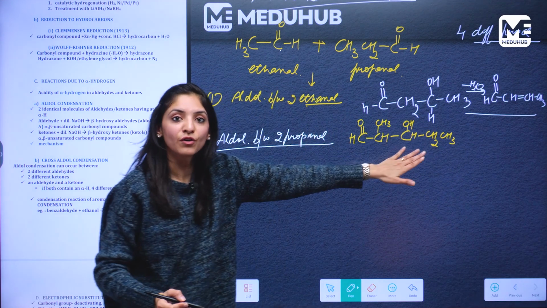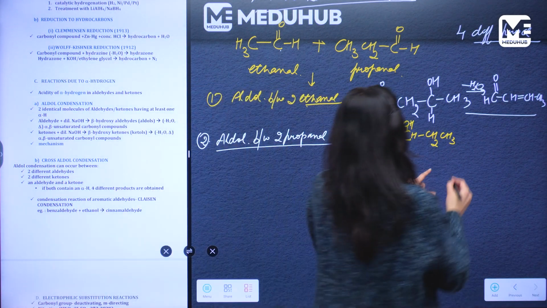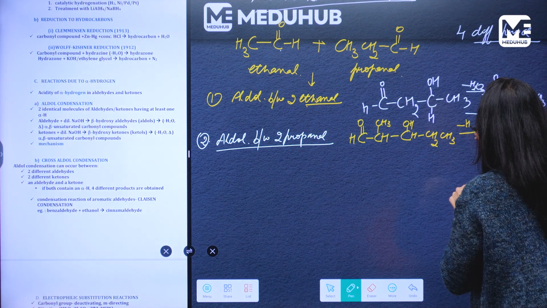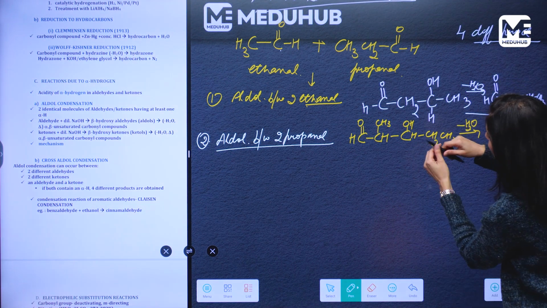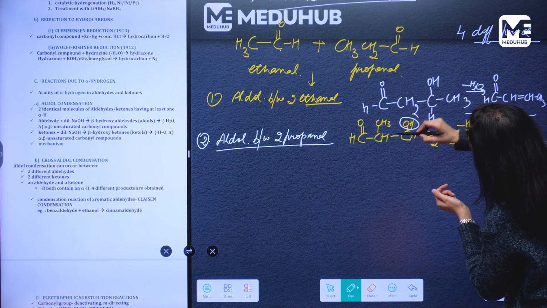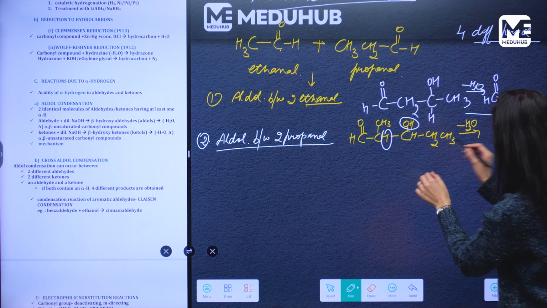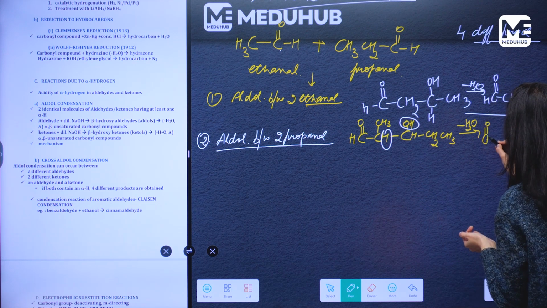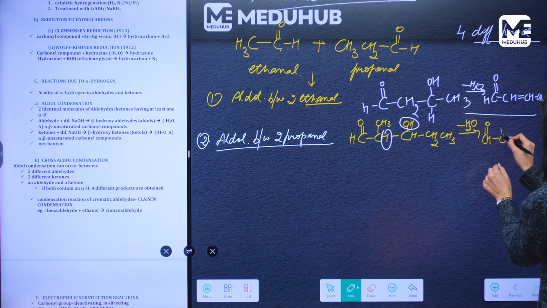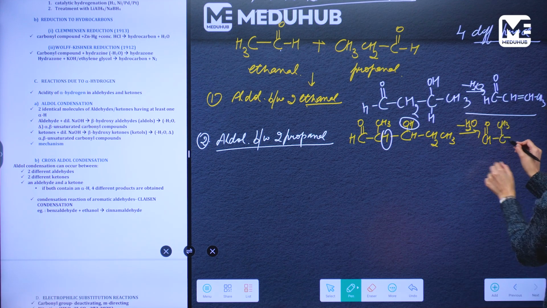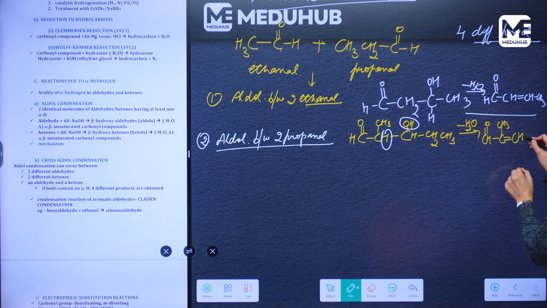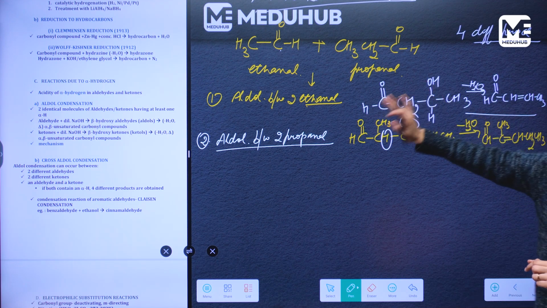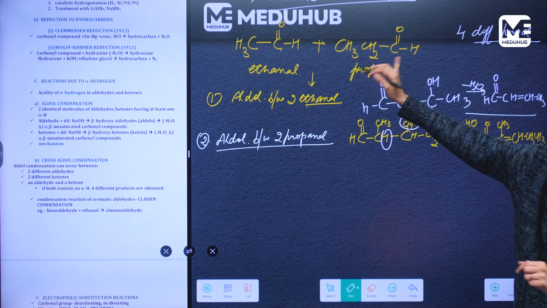This is the beta hydroxy aldehyde. This will lose water on heating. So this and this will get lost and we will get double bond CH, CH2, CH3 here. So this is a simple aldol product of aldol condensation between two molecules of propanol.